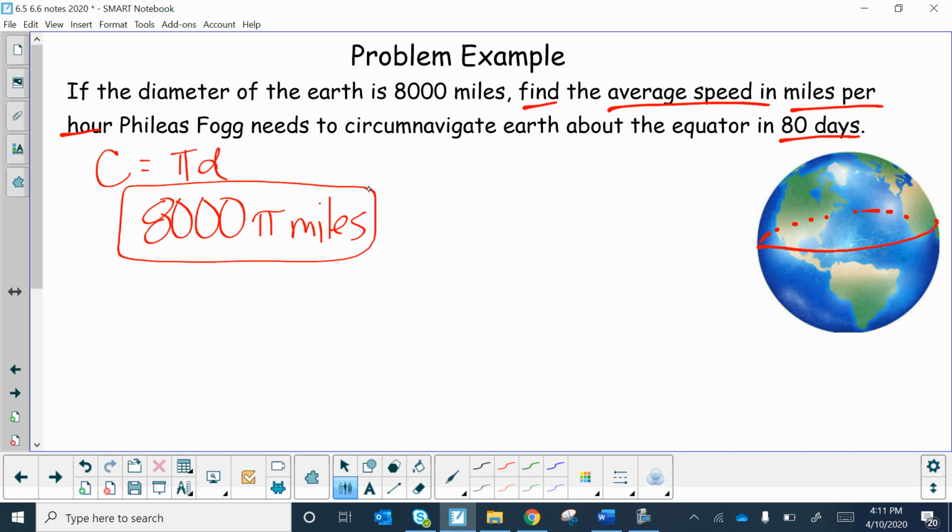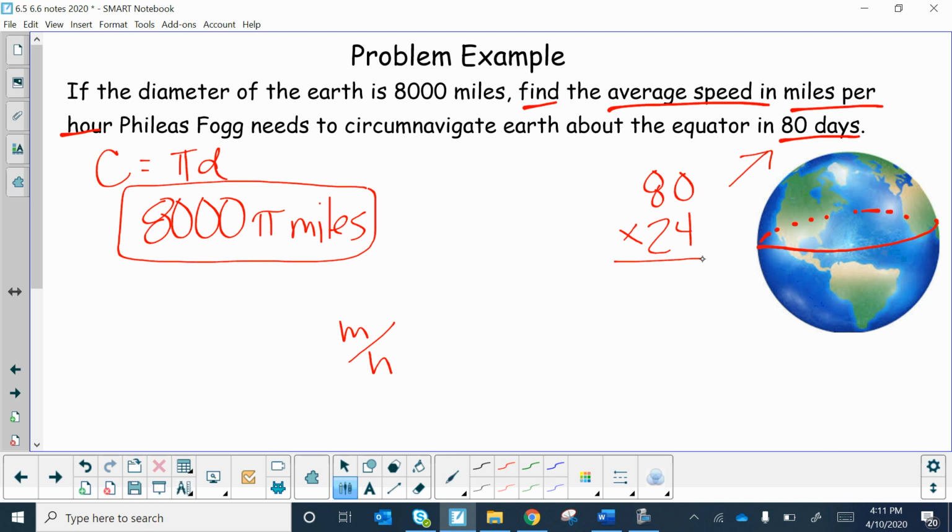So this is the distance around the Earth about the equator. Now, that's not what they asked for. They want us to find the speed in miles per hour. So I have to divide this. Remember, in order to make it miles per hour, you need to divide by the number of hours needed. Well, we're going in 80 days, but I need that to be in hours. So I'm going to take 80 and times that by 24 because there's 24 hours in a day.